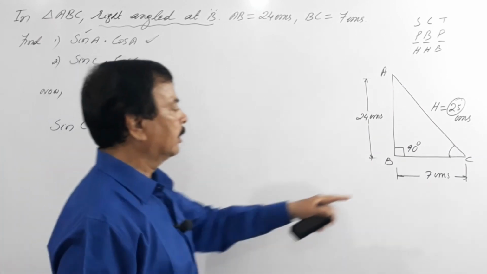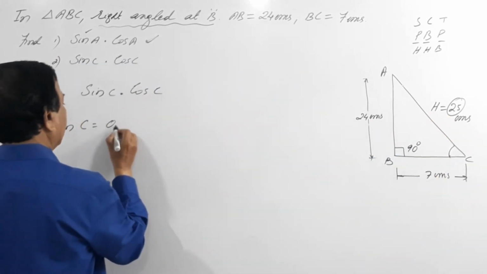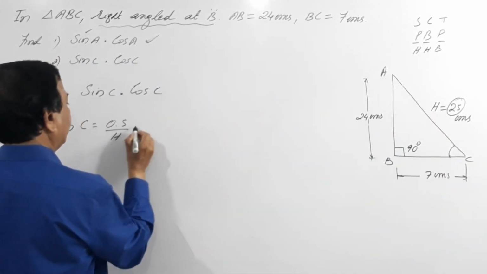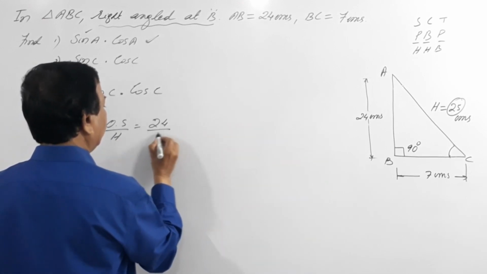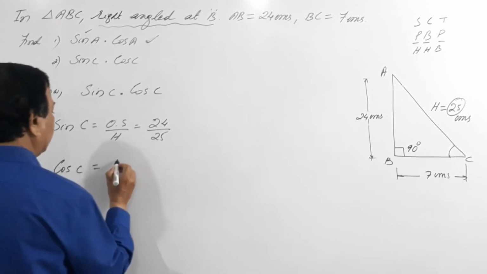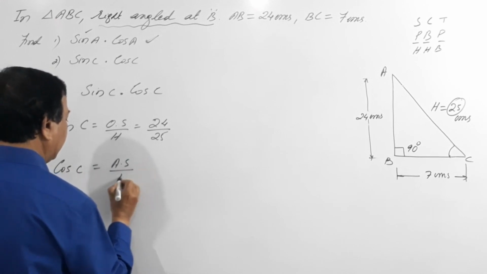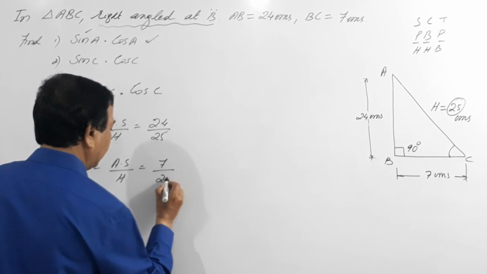Sin C is opposite by hypotenuse, that is opposite is 24 by 25 and cos C equals adjacent side by hypotenuse. Adjacent is 7 by 25.